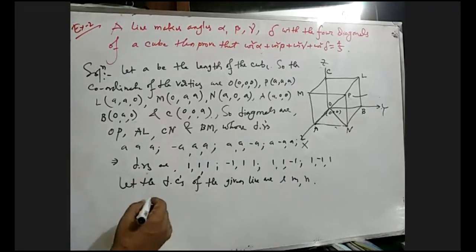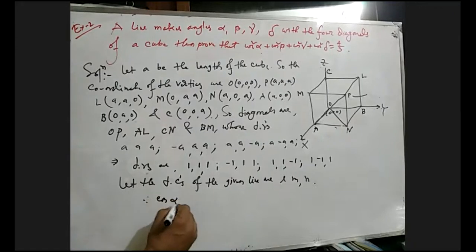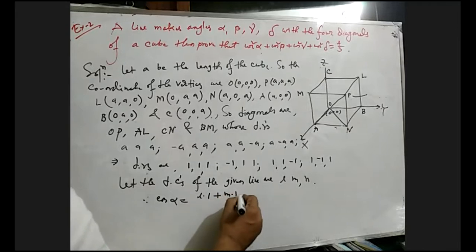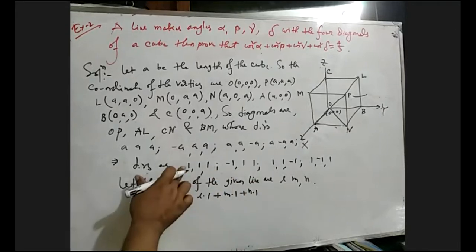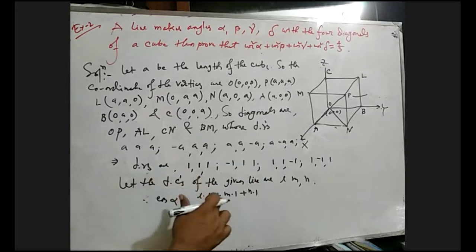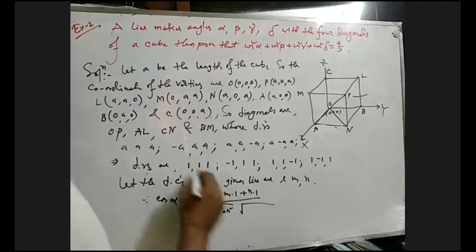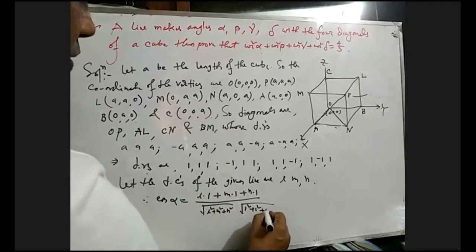Therefore, what will be cos alpha? The formula: l into 1 plus m into 1 plus n into 1, divided by square root of l square plus m square plus n square, and square root of 1 square plus 1 square plus 1 square.